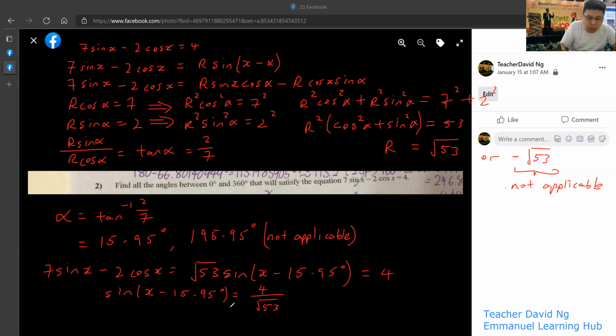Then your x minus 15.95 degrees will then be equal to sine inverse 4 divided by square root 53. You would have 33.33 degrees.